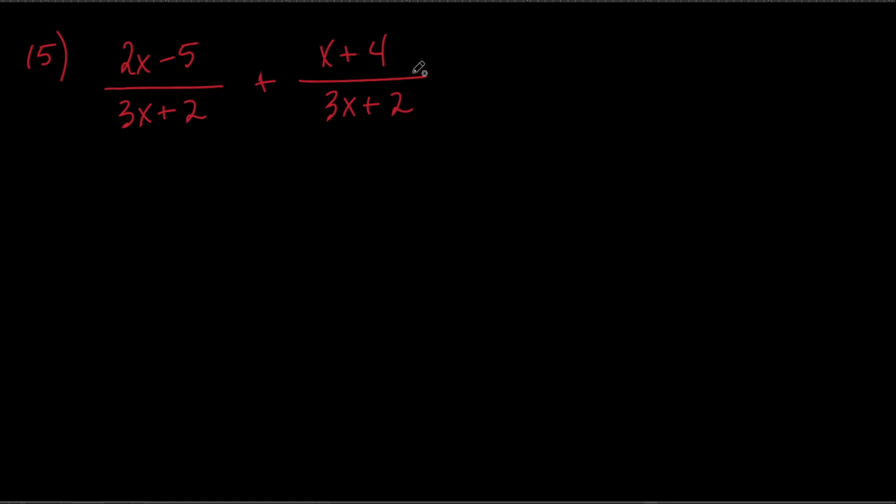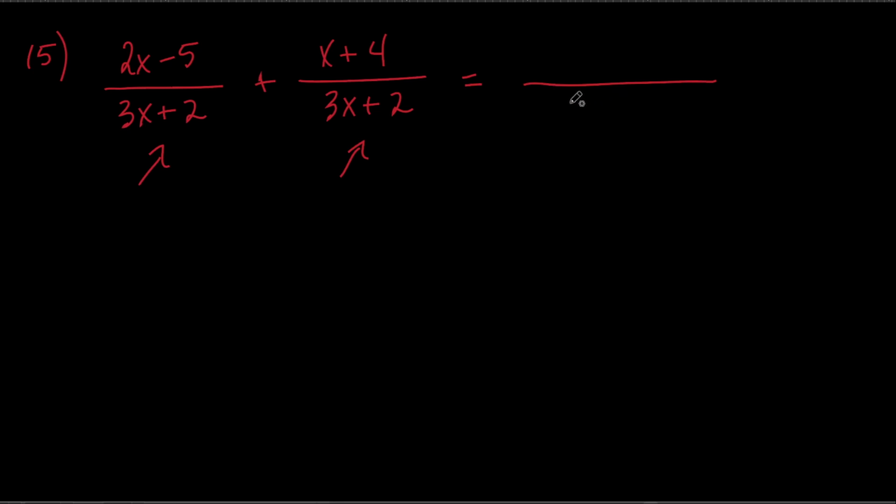But this one's actually pretty easy. The next one is too. After that, it's a little bit tougher, but these are pretty easy because what do you do when you add fractions? What's the thing that you have to find? You have to find a common denominator. Well, check it out. I was nice enough, or the book was, to give you common denominators already. So that makes it super easy.